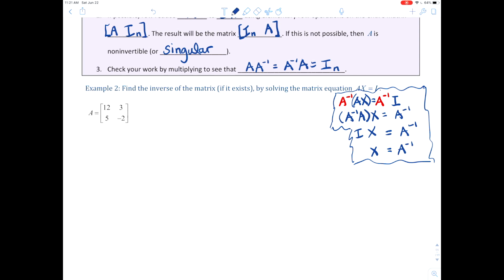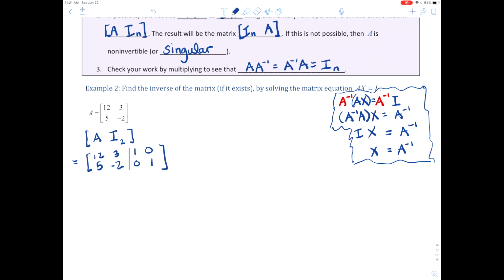Cool, cool? I need to adjoin A and I_2. Beautiful. And so what is that going to equal? Well, what is A? A is 12, 3, 5, negative 2. And I_2 is 1, 0, 0, 1.